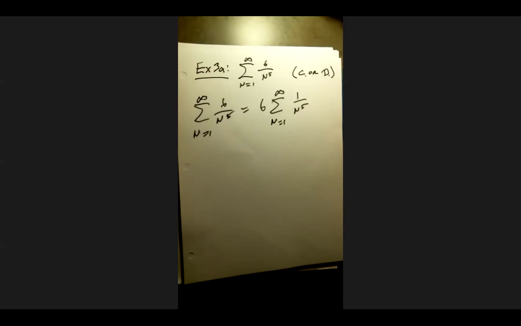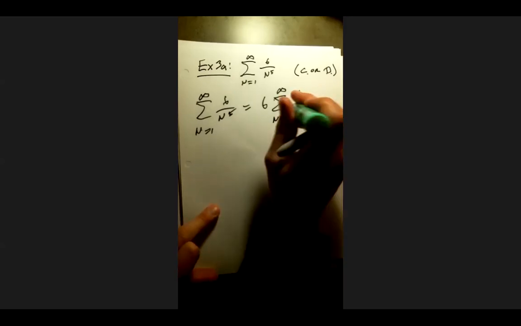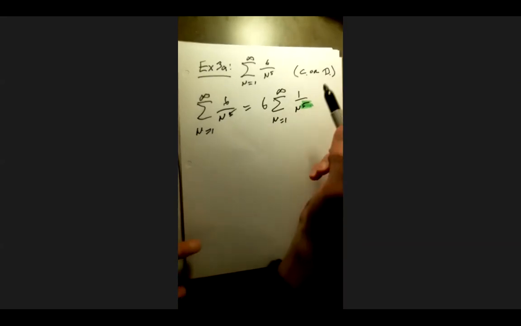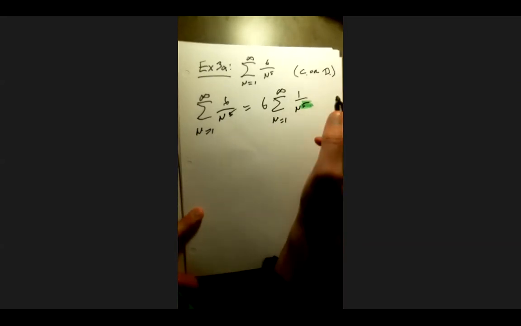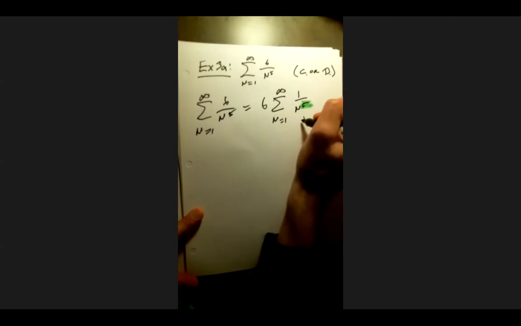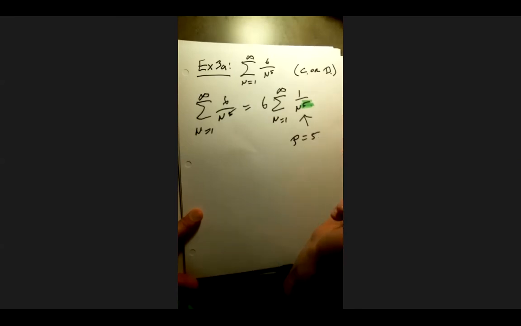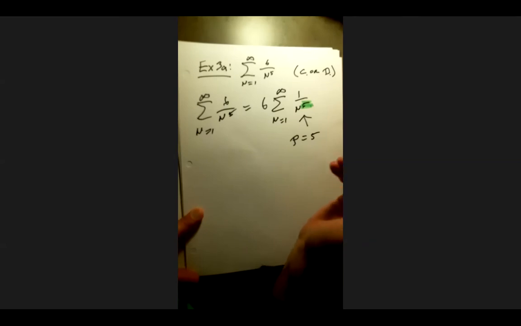And we do a careful analysis of it, and we see that this thing is a p-series. What is our p? It's 5. So what does that tell us? Does it converge or diverge? It converges.